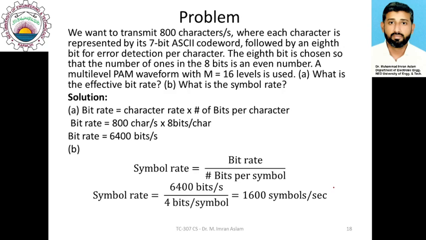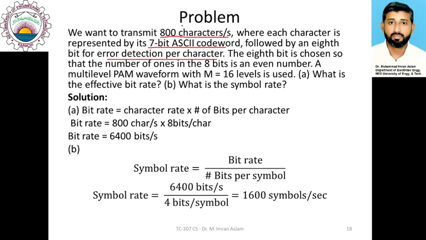So let us take a very simple problem here. We want to transmit 800 characters per second, where each character is represented by a 7-bit ASCII code, followed by an eighth bit for error detection per character.